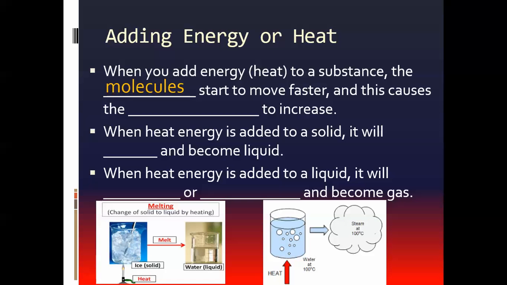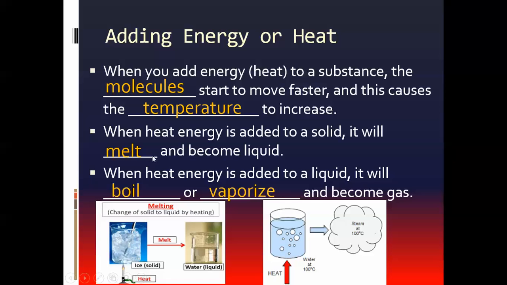So first of all, if we're adding energy or we're adding heat, you're going to see that a substance causes the molecules to start moving faster, and this causes the temperature to increase. When heat energy is added to a solid, it's going to melt and become a liquid. And when heat energy is added to a liquid, it will boil or vaporize and become a gas.